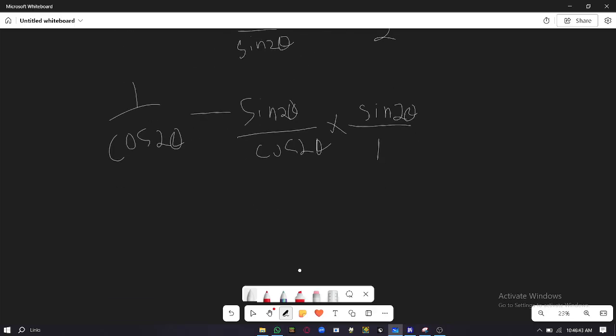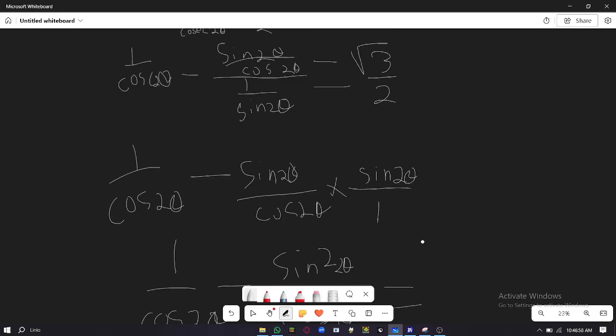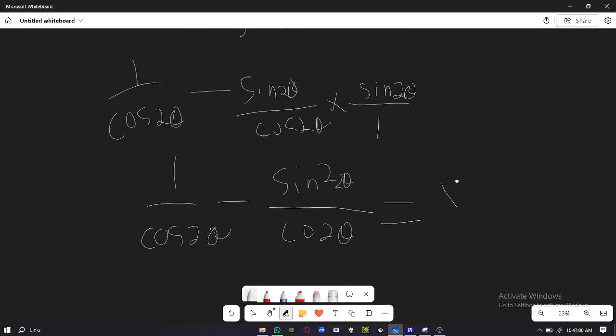So it results in 1 by cosine 2 theta minus sine square 2 theta by cosine 2 theta, equals root 3 by 2.